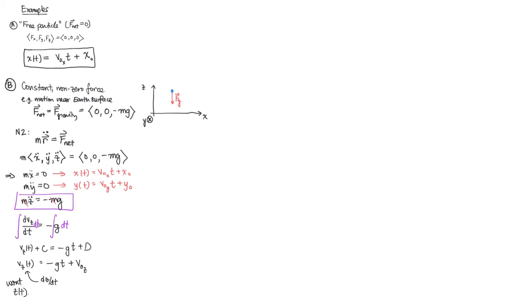Okay, well, we're almost there. Let's move up and start here. We can say dz dt, which is our velocity, is equal to minus gt plus v naught in the z direction. And we're going to integrate that again with respect to time.